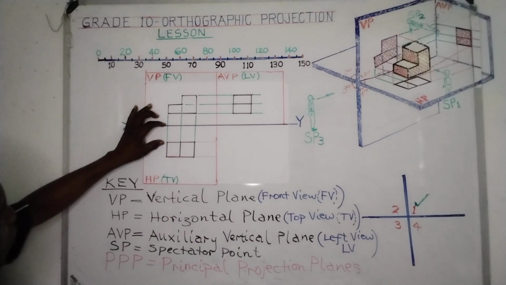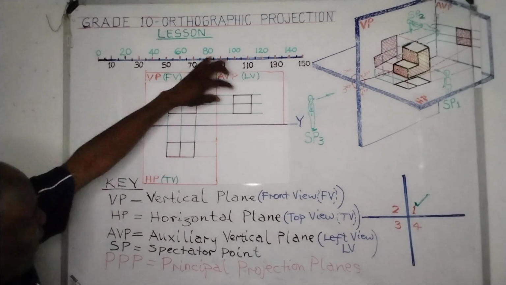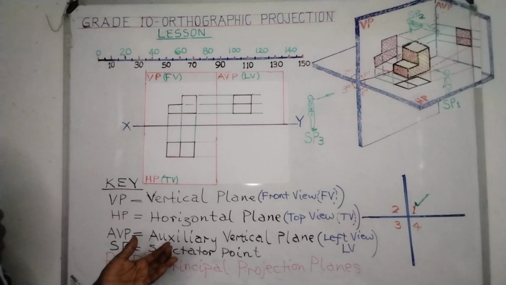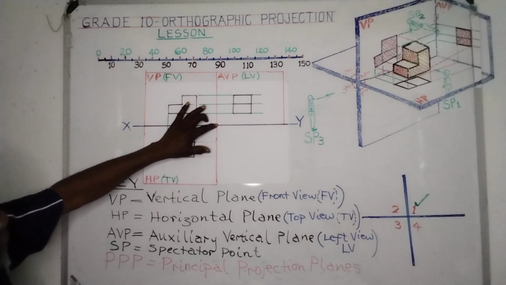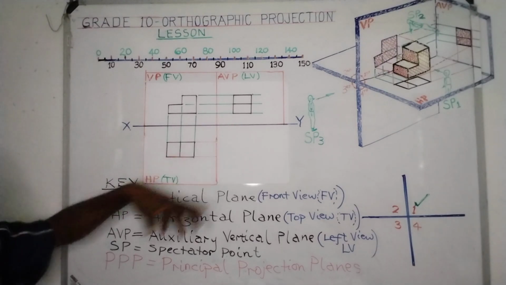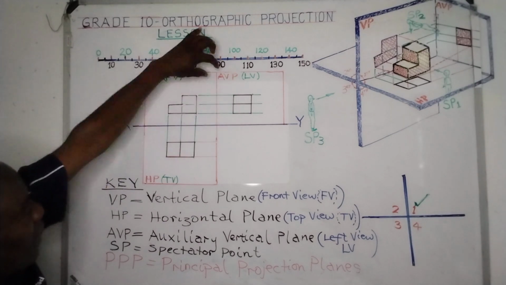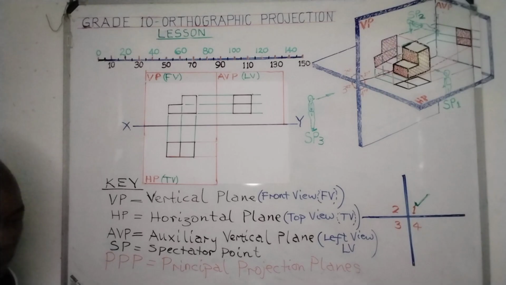Let me use black now. So that line there is drawn at 45 degrees from this corner here, right? So we'll draw a 45-degree line from this corner here so that this distance can be transferred equally to that. So that's the concept that we use here.